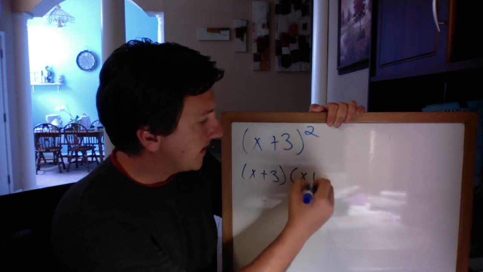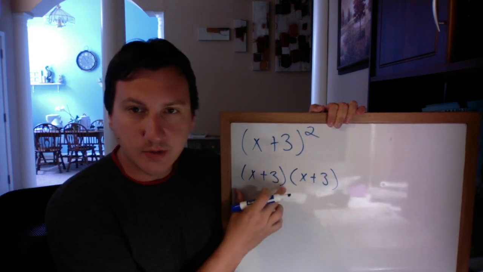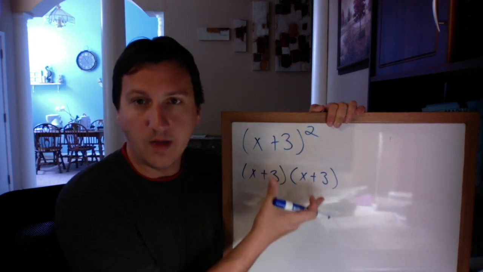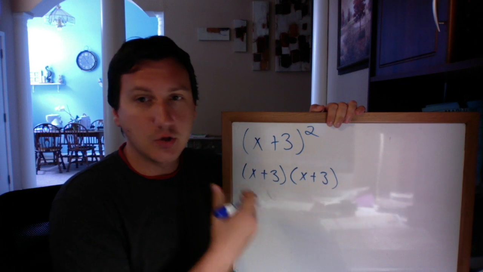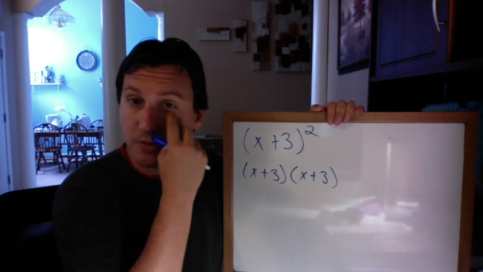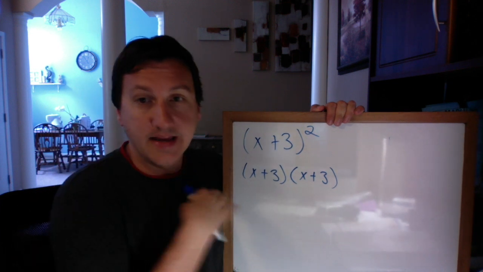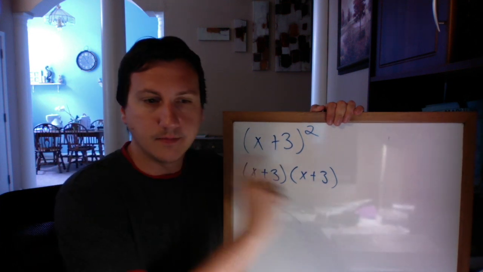We are squaring that: x plus 3 times the quantity x plus 3. Now I can use that FOIL method that I told you about to simply find the product in a polynomial expression.